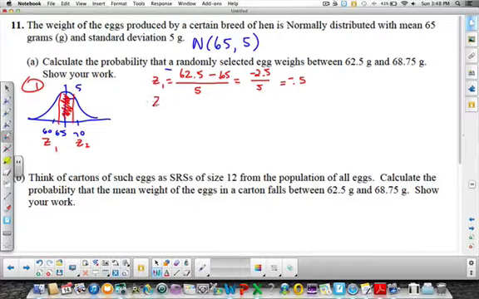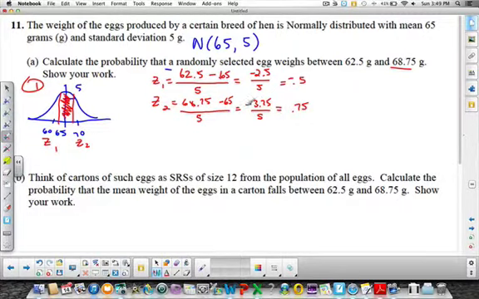My second z-score is found by the other observation, 68.75 minus 65 divided by 5. That gives me 3.75 divided by 5, and that's equal to 0.75.